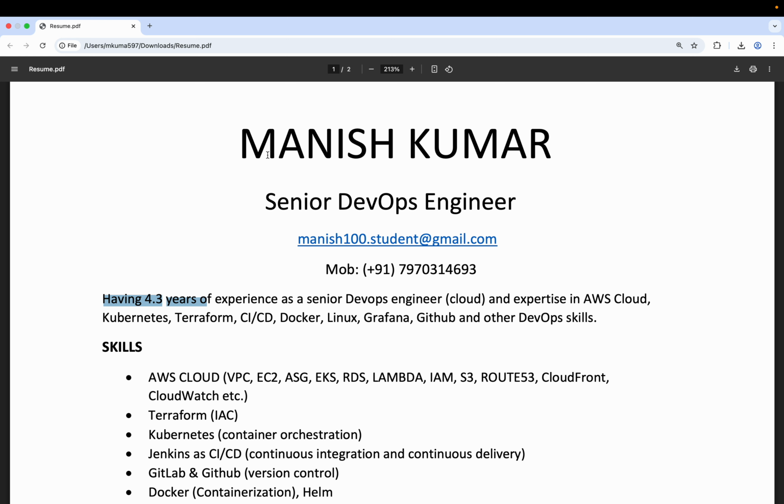So what you have to do is write your name at the top in a bit higher font, and you can bold it as well. Then mention your designation, whatever you have: senior developer, software engineer, senior software engineer, director, or fresher. Then write your contact information, your Gmail ID and contact number.